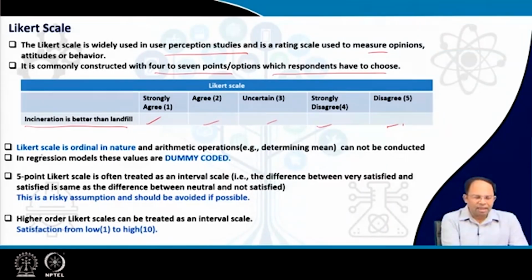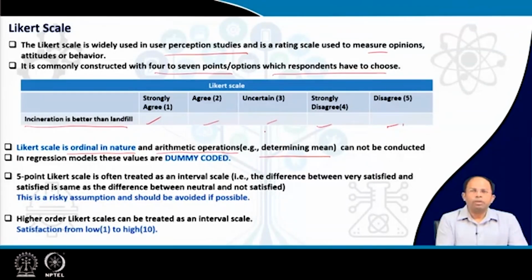Because there is an order in the choice of these options, the Likert scale is ordinal in nature. And in any kind of ordinal scale, arithmetic operations such as determining the mean cannot be conducted. This is very, very important. Why?